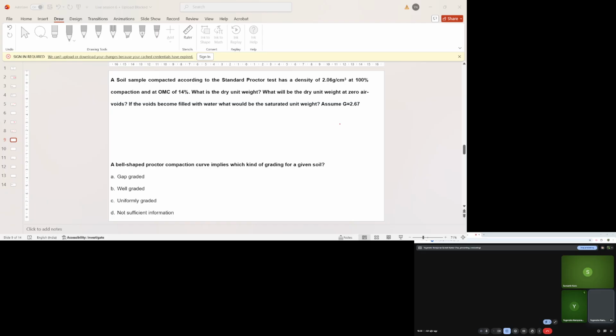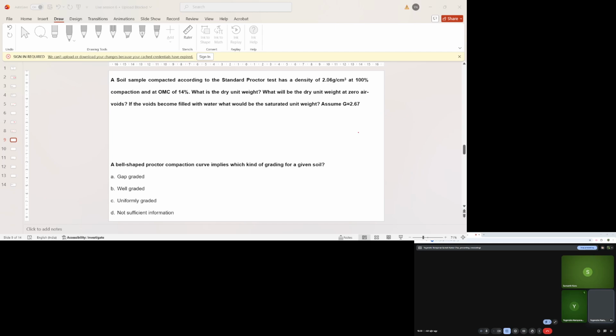So how much will be the weight of water? Weight of water is going to be 1.81 into 0.14.